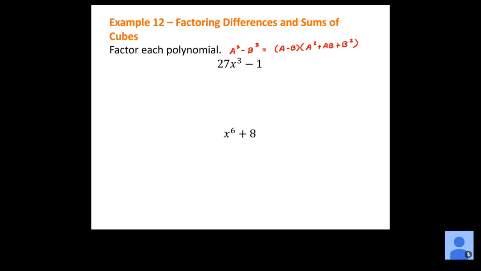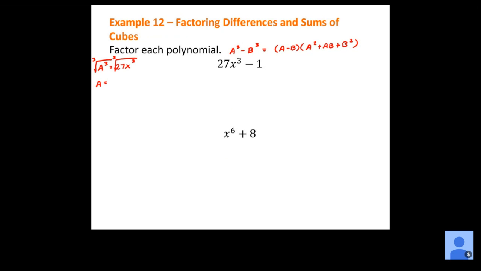And so now it's just a matter of finding the a and b values so that we can substitute into that formula. Well, the easiest way to do that is to say, I know my a cubed value is 27x cubed. So if I want to know what a is, I'm just going to take the cube root of both of these values.